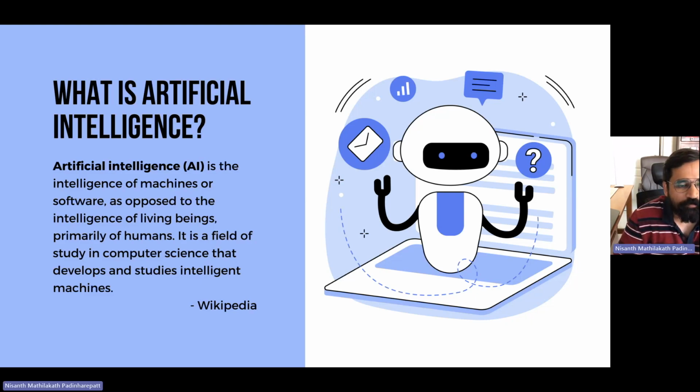So when we say intelligence of machines, it's more like programming the machines to understand the world, and then respond to situations based on that learned intelligence. This is slightly different from the raw intelligence of living beings, right?